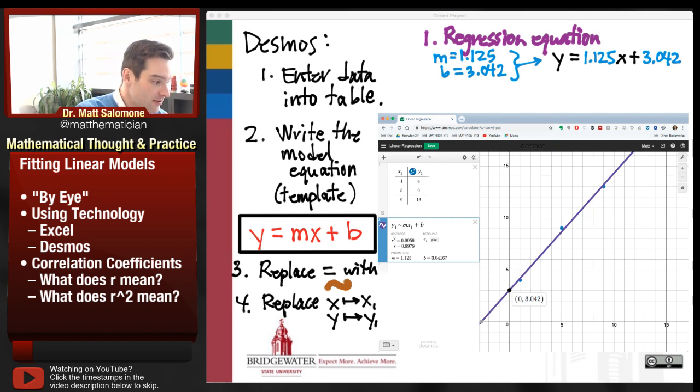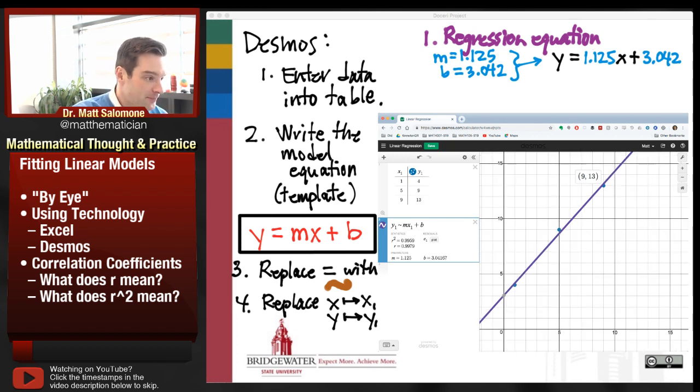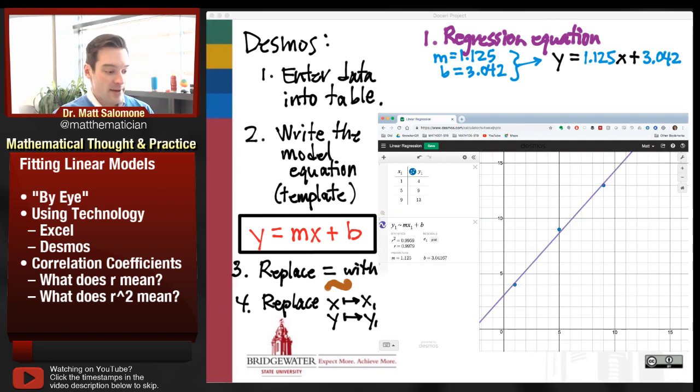And so it looks on this graph as though the point 9, 13 would go exactly through that point. Maybe this is also rounded off a little bit. Doesn't seem to quite line up exactly, but pretty darn close. Okay. So that's how we get a regression equation out of this process.